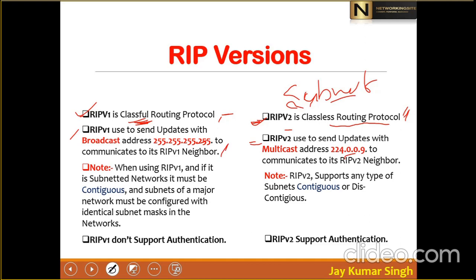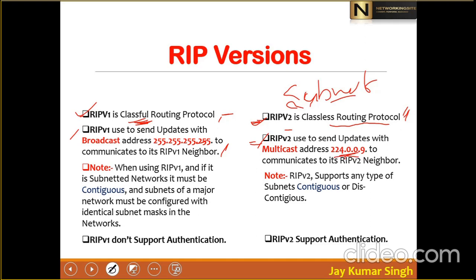RIP1 will send the information to everyone in the network, whether they are RIP, EIGRP, or OSPF. Everyone will receive this from RIP1. But RIP2 will only send to those routers that are running RIP, because this is the RIP multicast address.